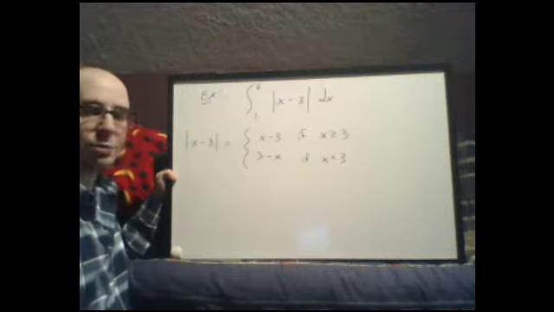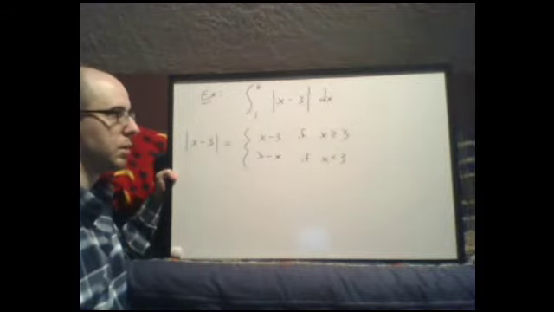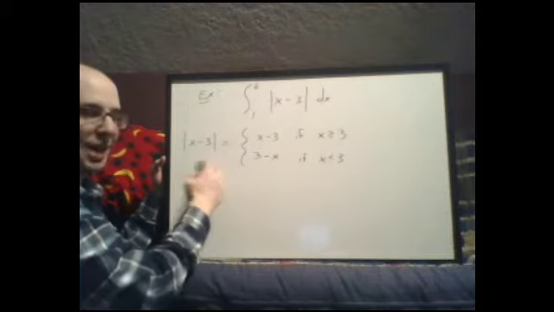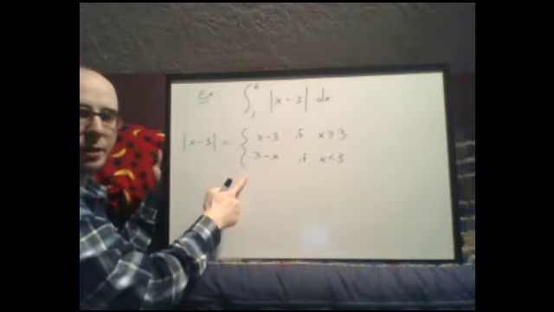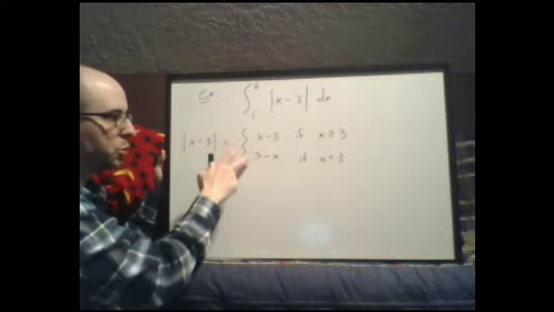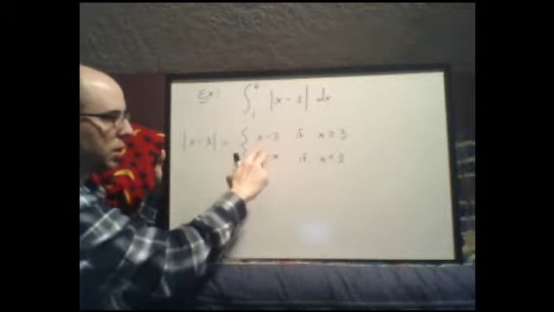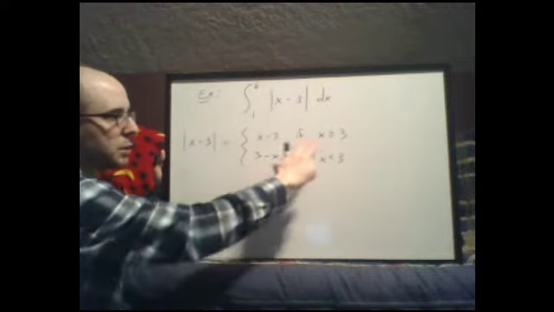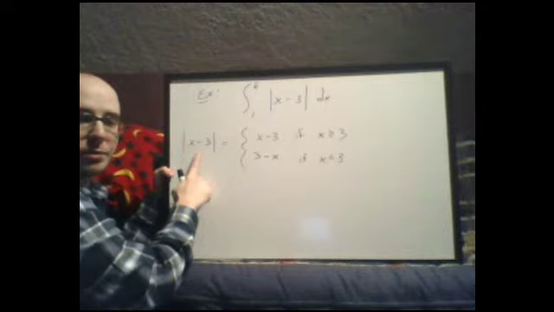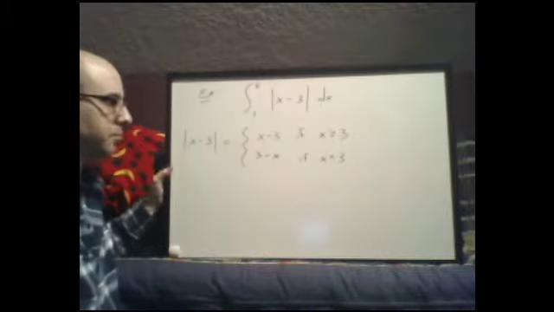So 3 minus x would be positive when x is smaller than 3. Okay, so absolute value functions are really a kind of hidden piecewise function. You rewrite the absolute value as two cases, opposites of each other. The function itself, and then its negative. And it splits at the x value that makes the inside function 0, as long as it's a simple linear function like this one is.